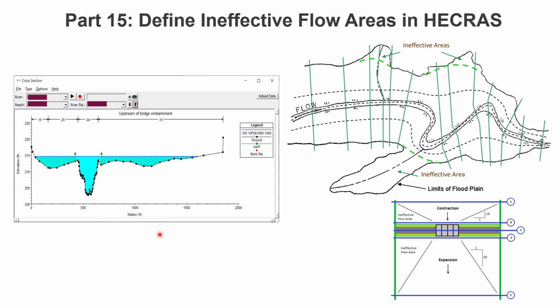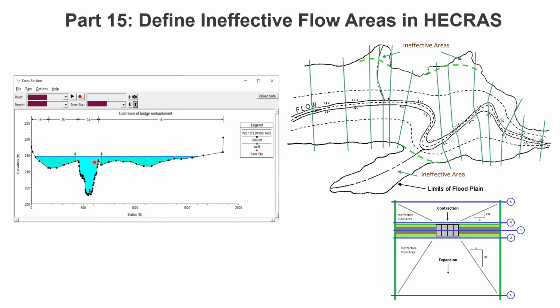So what are ineffective areas? They are areas within the floodplain, but mostly outside the channel, that we want to define as dead area. These are areas where we don't want the flows from those areas to contribute to the main flow in the channel.